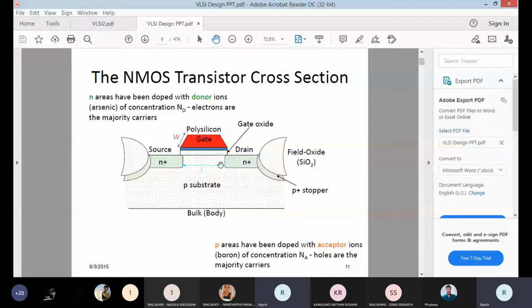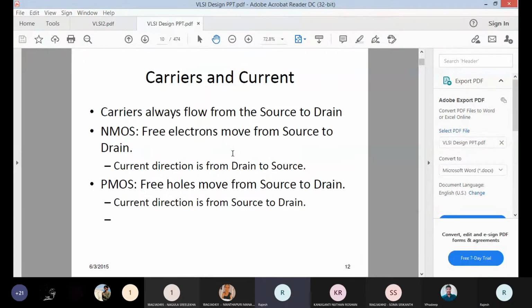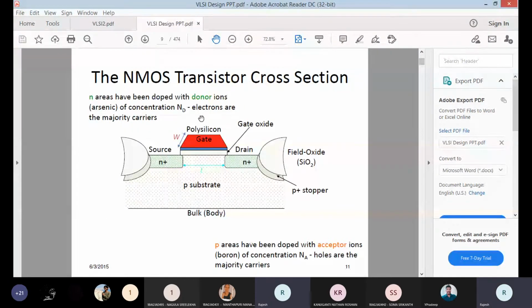Because it is filled with electrons, we can also represent a depletion region between this channel and P type. Remember, NMOS means two N plus regions in a P substrate. Metal oxide semiconductor means gate, oxide, and semiconductor, which has dimensions length L and polysilicon width W. The thickness of this oxide is represented in some books as small d, in some books as capital D. Whenever I apply a gate voltage, electrons come and settle here.